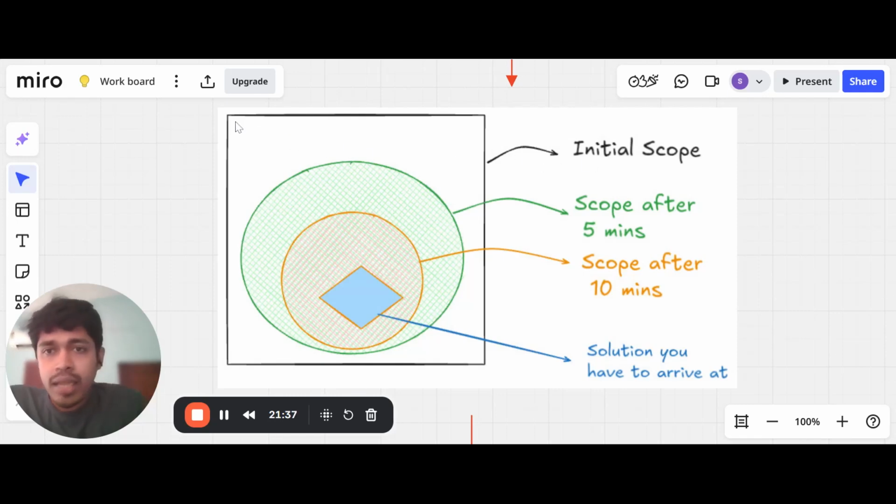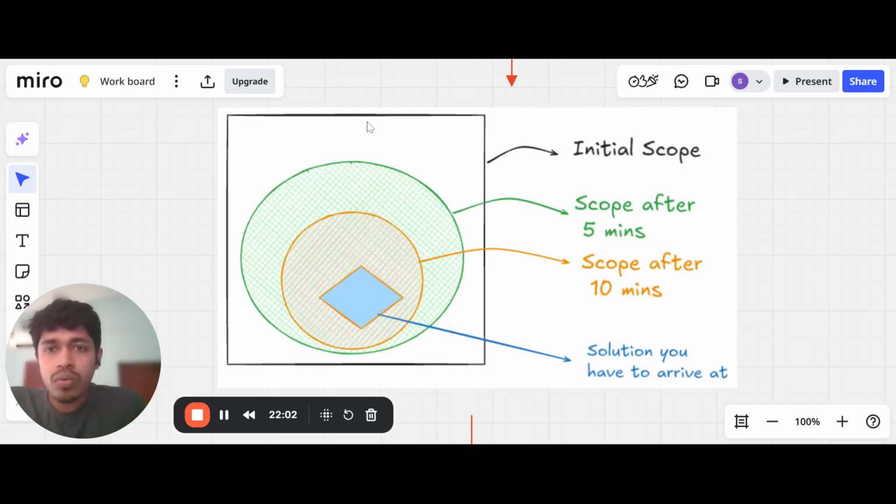So initially, when you get the problem statement, the scope of this problem according to you will be very, very huge. You don't know anything about the context. You don't know anything about the market. You don't know where to focus, right? And let's say the solution is actually around this area. If you ask questions around this area, you will actually get to the root of the solution, right? Let's say.